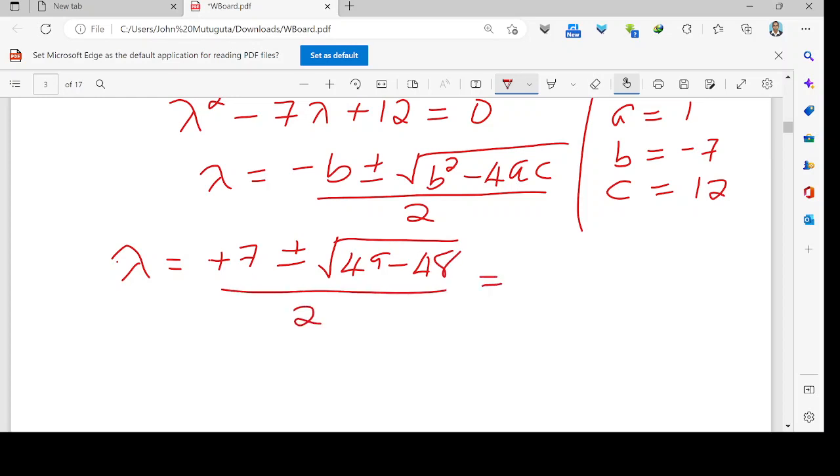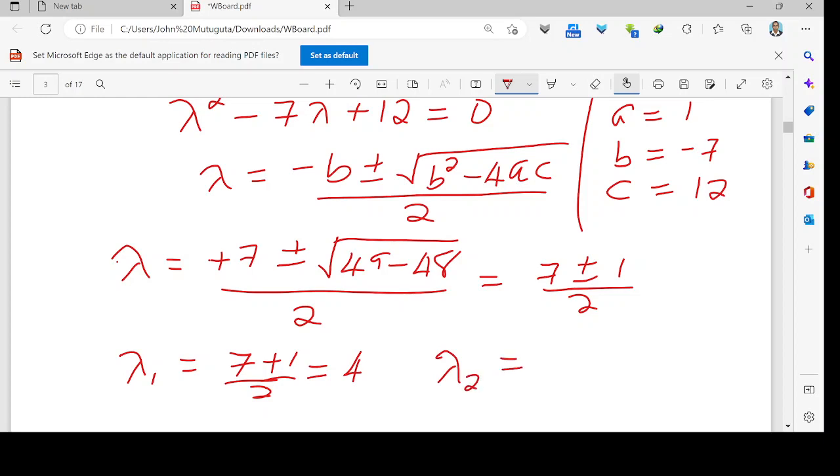So that we get 7 plus or minus 1 divided by 2. So we get lambda 1 is equal to 7 plus 1 all over 2, and 7 plus 1 is 8, so 8 divided by 2 is 4. And lambda 2 is equal to 7 minus 1 divided by 2, and this is 6 over 2, which is 3.